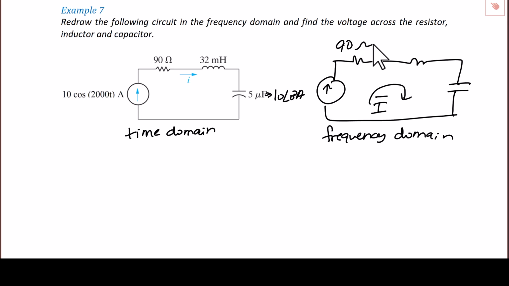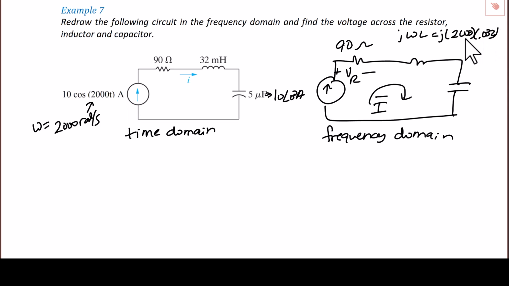We write the resistor as 90 ohms. We note that the source has a frequency of 2000 radians per second. So the impedance of the inductor is jωL, or j times 2000 times 0.032. So the impedance of the inductor is j64 ohms.